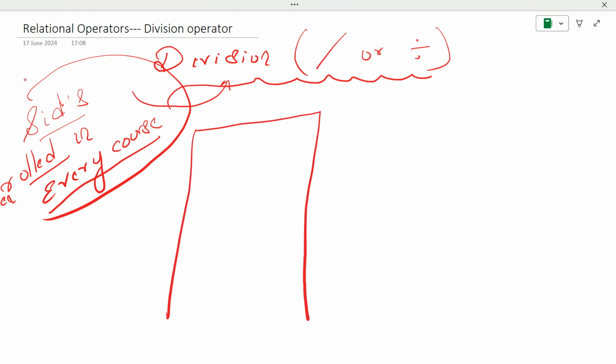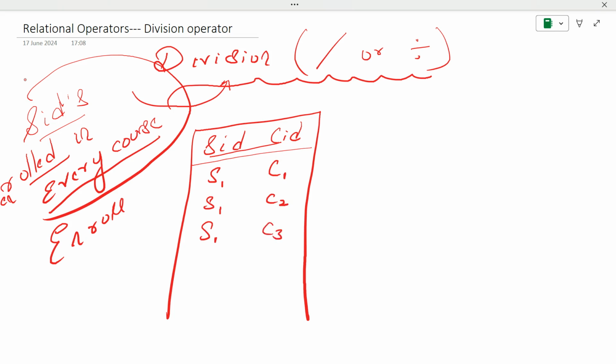So let's say we have an enroll table, and in enroll we have two fields, let's say SID and CID. These are the SID, and this is the primary key for this relation. So S1 C1, S1 C2, S1 C3, then S2 C1, then S2 C2, then S3 C1, and so on.